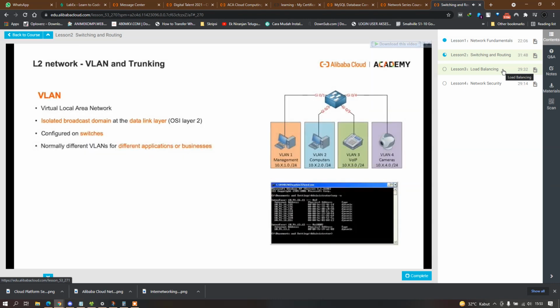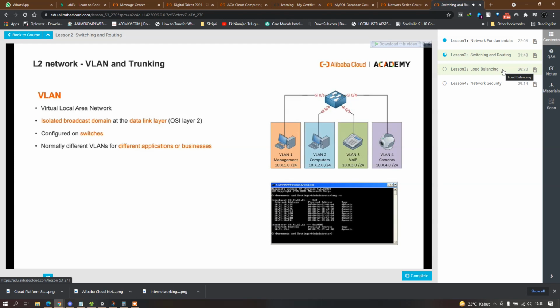For the first point, we are going to talk about VLAN. The full name of VLAN is Virtual Local Area Network. A VLAN is an isolated broadcast domain at the data link layer, OSI layer 2, which means different VLANs in layer 2 are isolated and cannot communicate with each other.